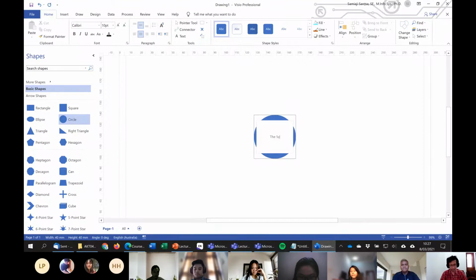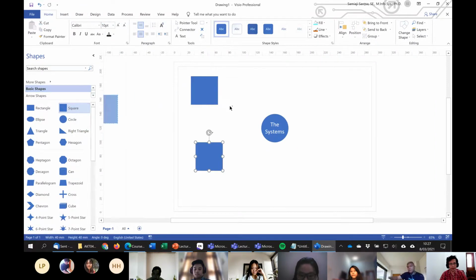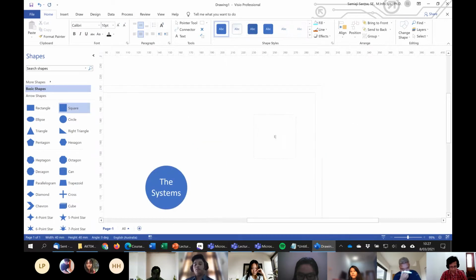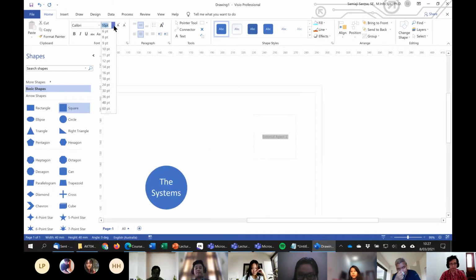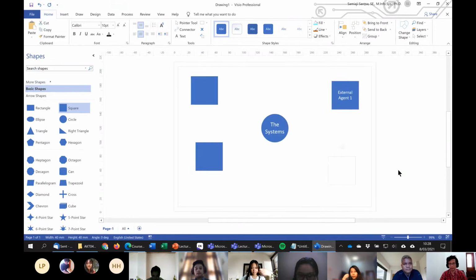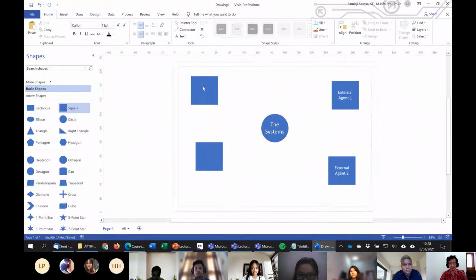This is the system, whatever system you want to draw. And then as many external agents as possible that were involved with the system.